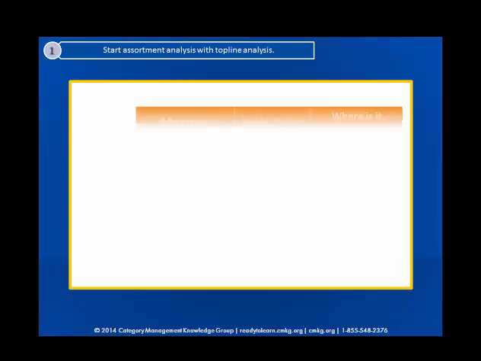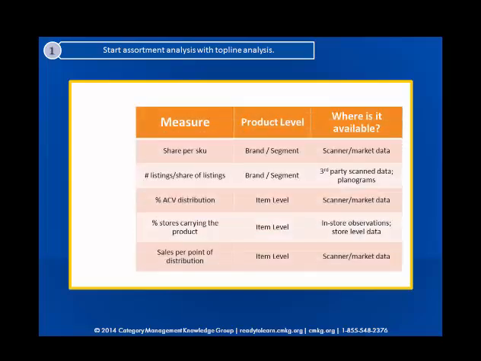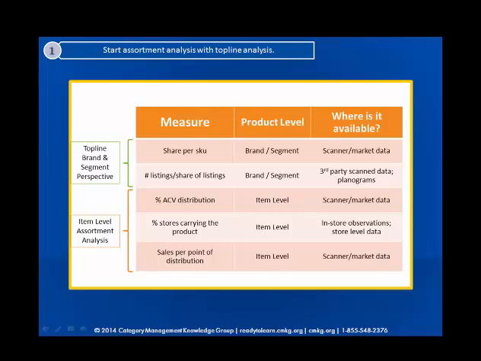So the first tip that I'm going to share with you is to start your assortment analysis with a top-line analysis. There are many different ways to measure product assortment, which includes the ones that we see listed here, including the share per SKU, the number of listings, the share of listings. We look at ACV distribution, stores that are carrying the product.